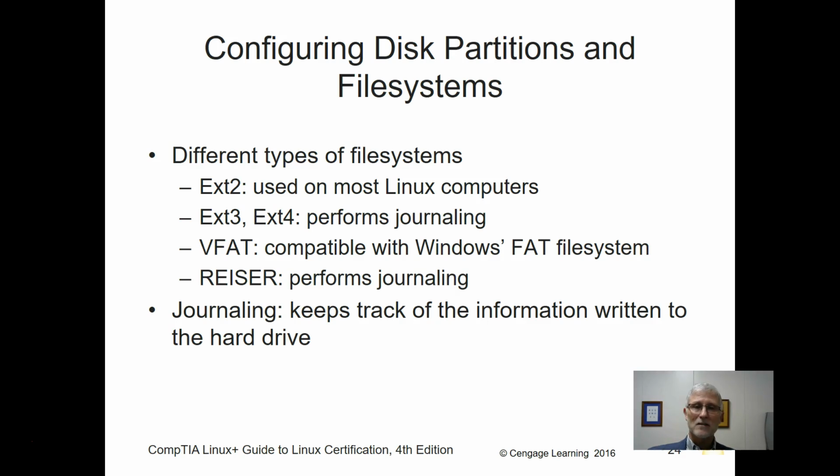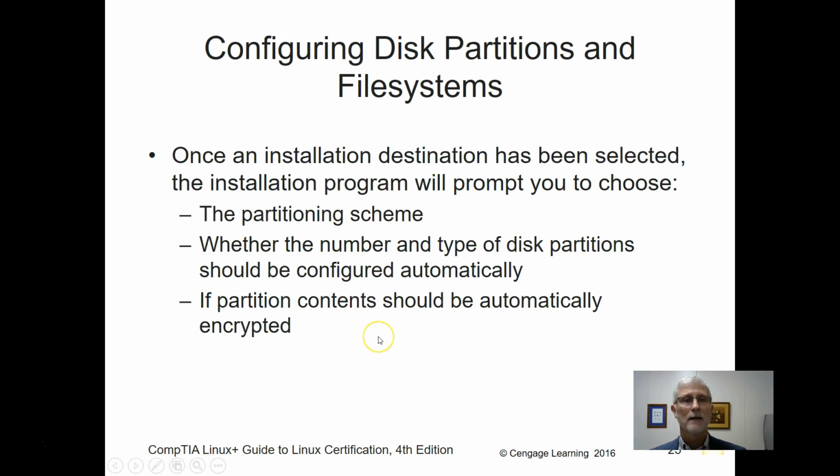VFAT makes it compatible with a Windows FAT file, and ReiserFS ends up performing journaling. Now, journaling just keeps track of information that's written to the hard drive, so you're keeping records as to who's writing what. But I think for most of this class, we're going to keep most of our stuff to ext2, so you should be okay.